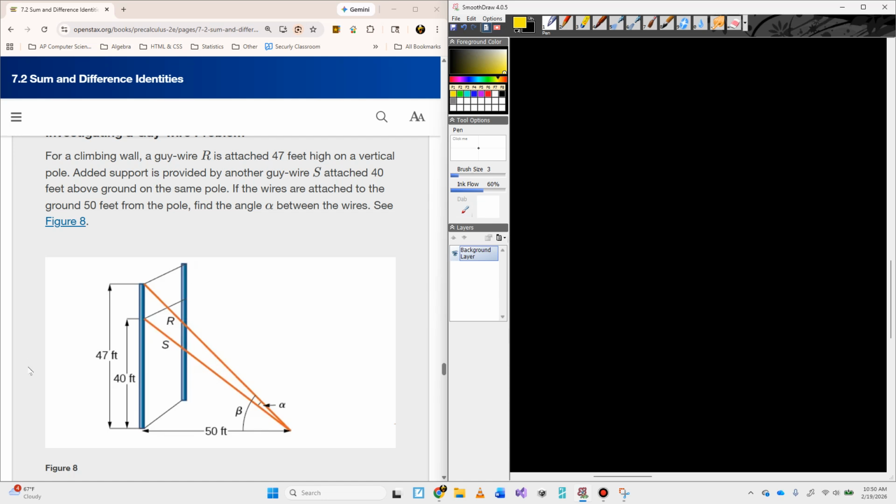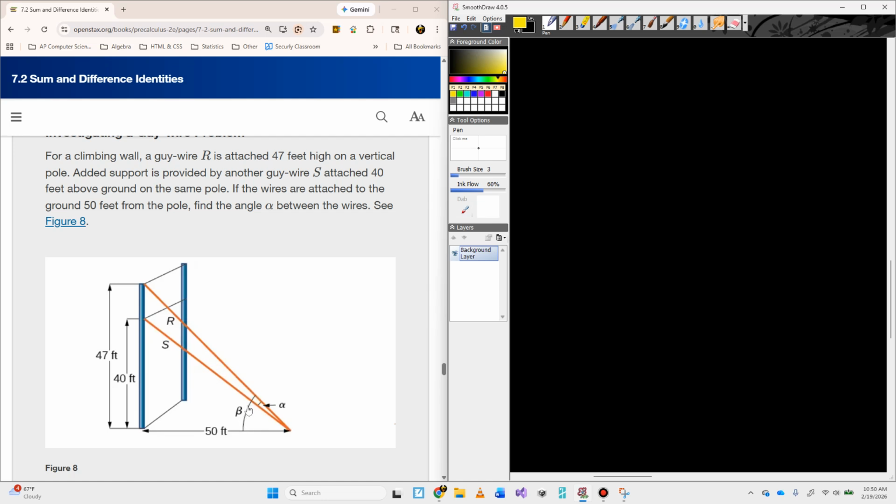So we have this diagram, and we have been told that this wire from here to here, which is S, is attached at 40 feet on this pole, and it is 50 feet from the pole. The same wire is attached up here, at the part of the pole that's 47 feet up, but it's attached at the same 50 feet across.